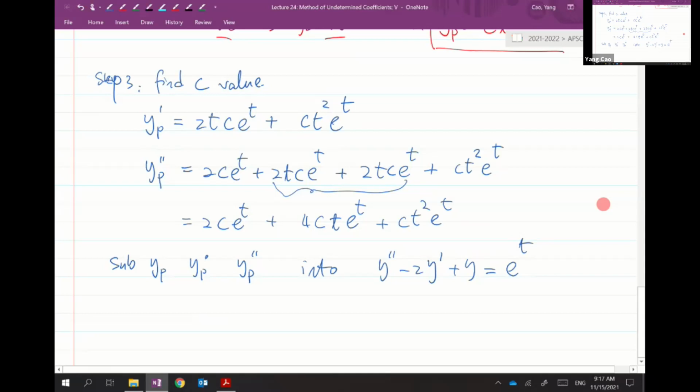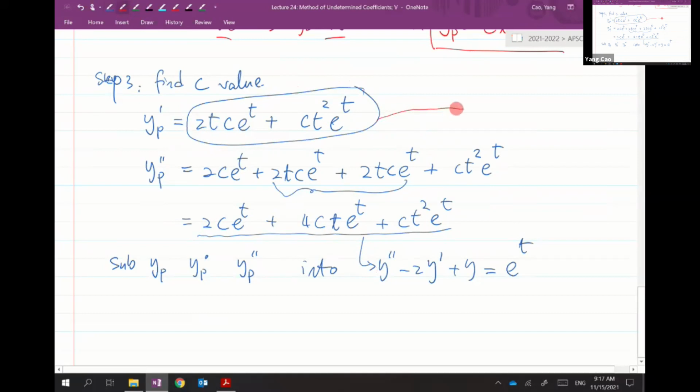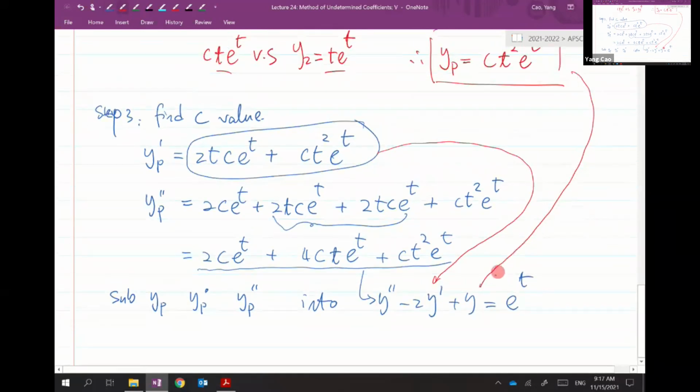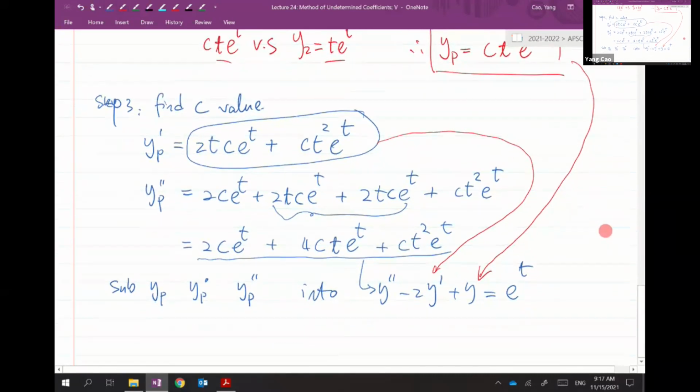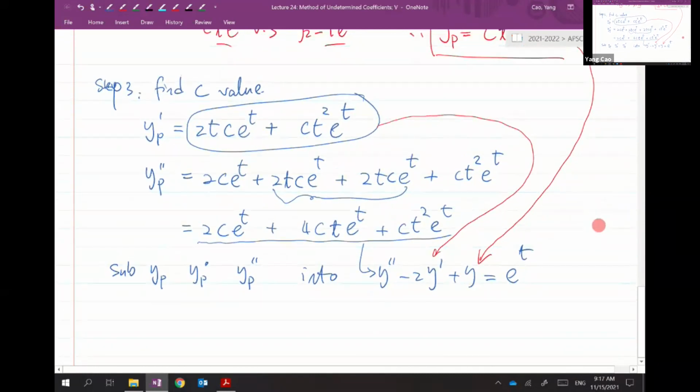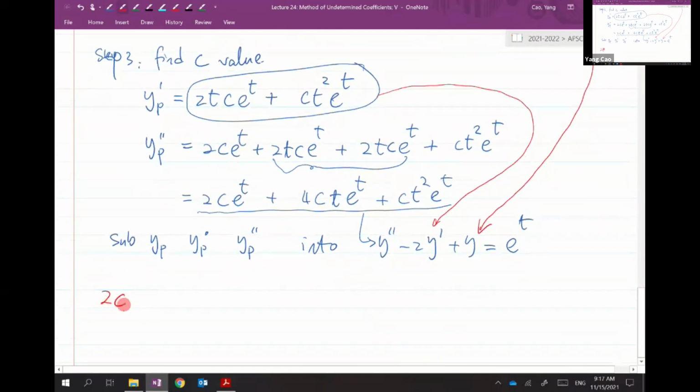So y double prime is this, so that substitutes into here. y prime is this, and that should go over here. And this one should go over here. Let's write it down. I don't have the solution in my lecture notes for this one, so might as well just work it out.